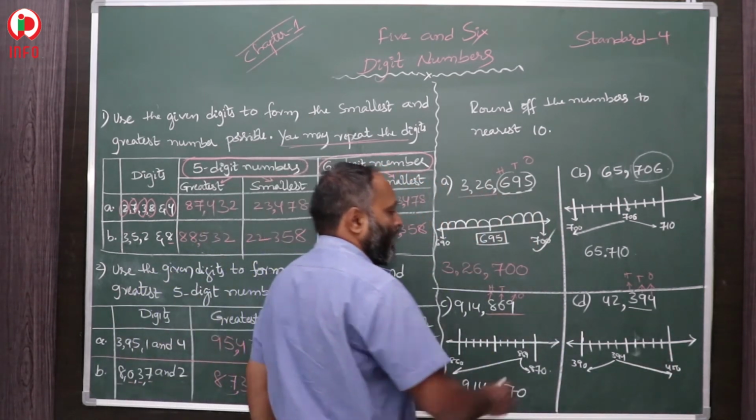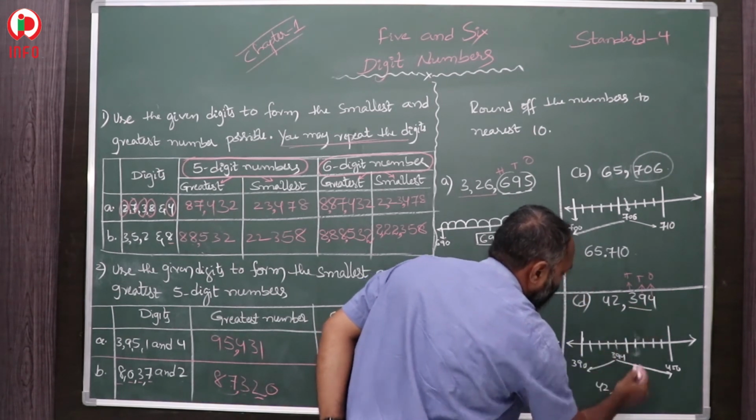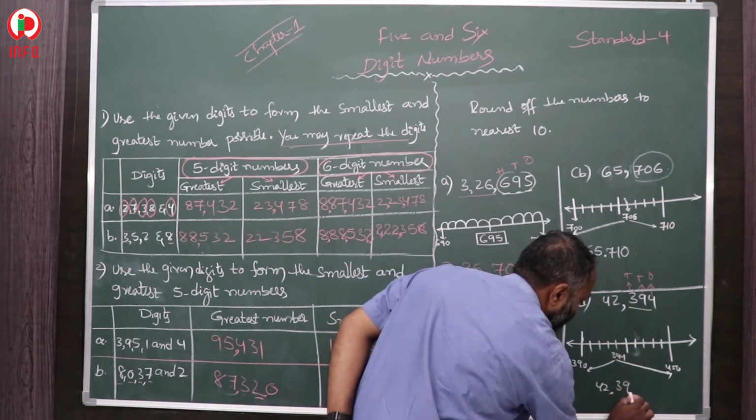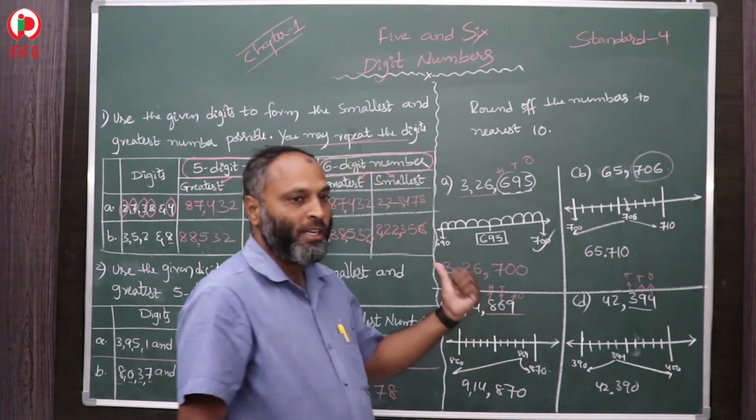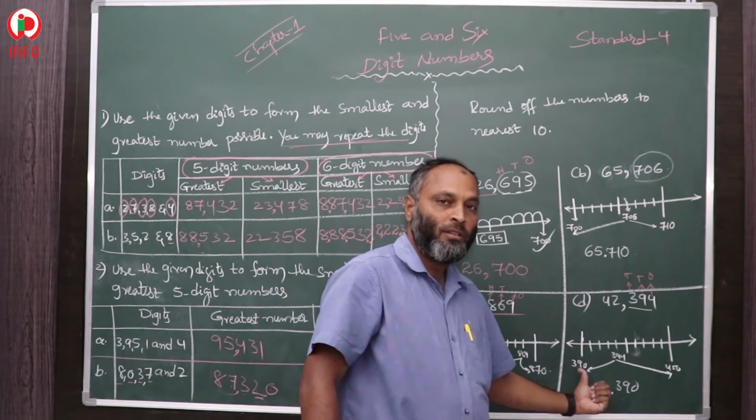So 42,000 as it is, and instead of 394 we take 390. 394 is near to 390, not 400.